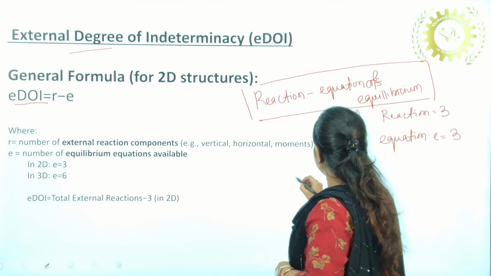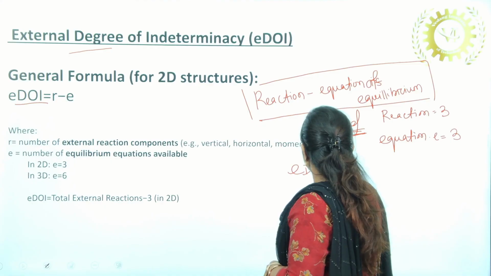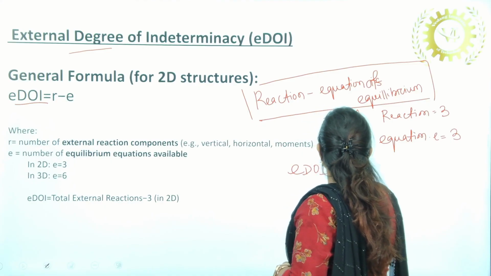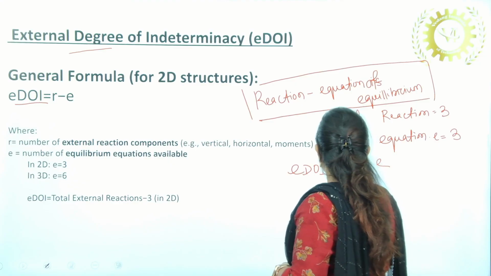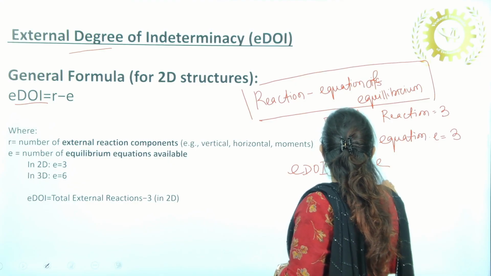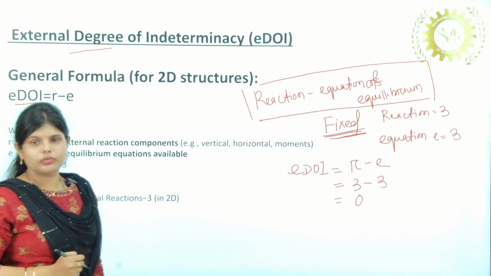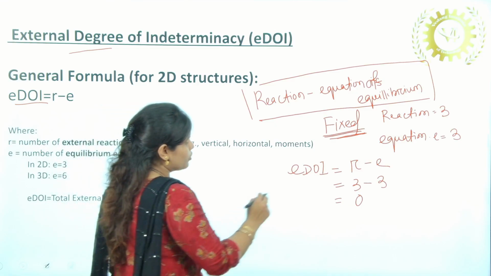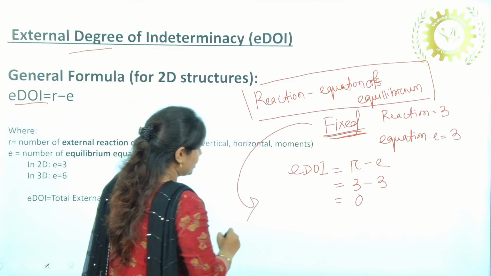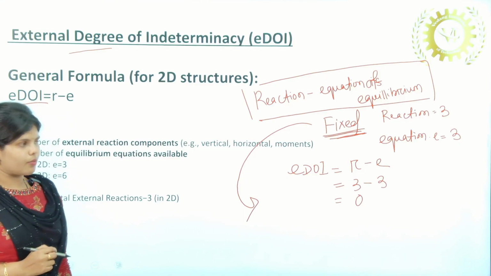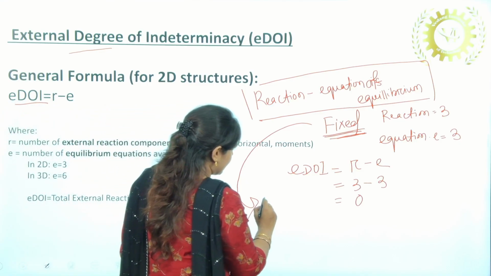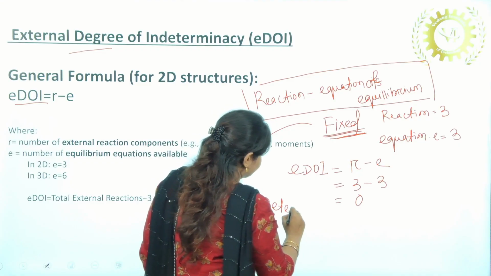So for a fixed support, EDOI is R minus E, that is 3 minus 3, that is 0. So if there is a fixed support in case of a beam, we can say that it is a determinate one.